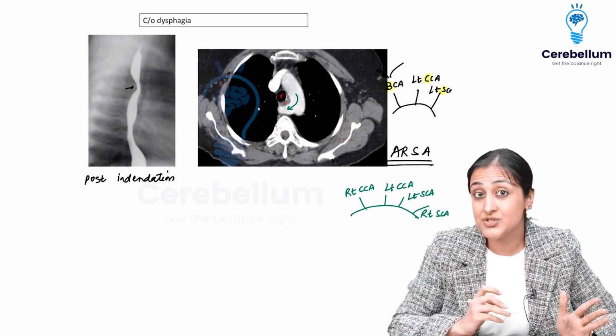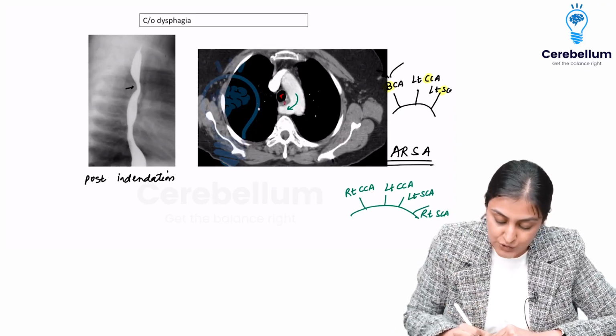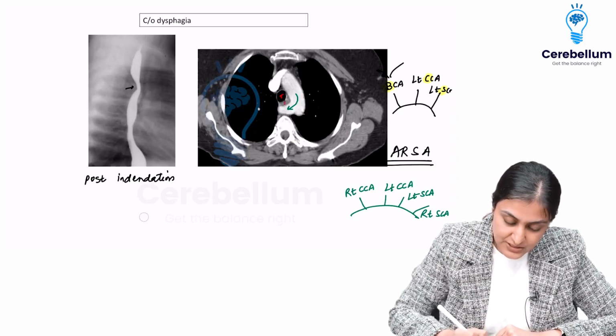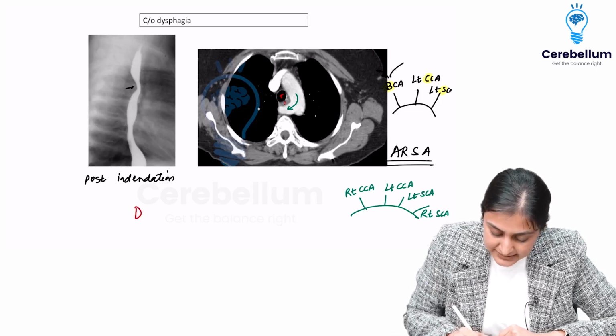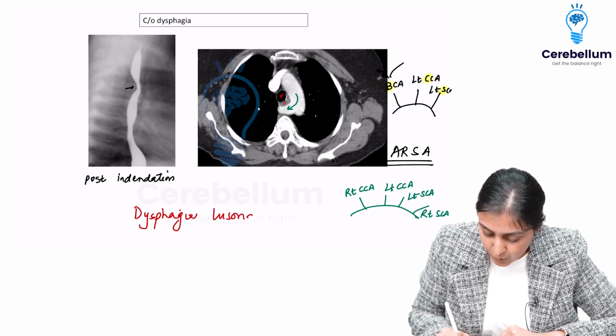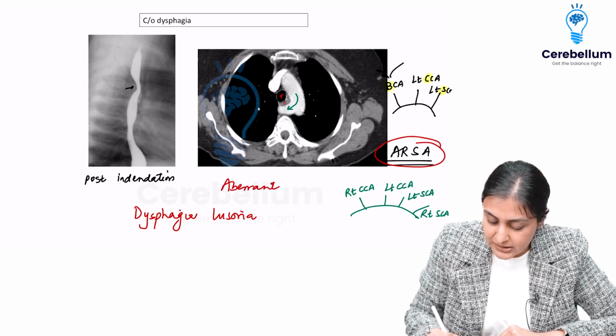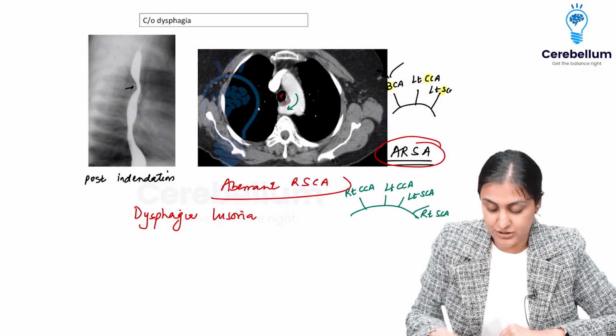So a vascular issue leading to a GI presentation. Very unique, very important. So this presentation is what we call dysphagia lusoria, and you want to remember the cause as ARSA, which stands for aberrant right subclavian artery, right?